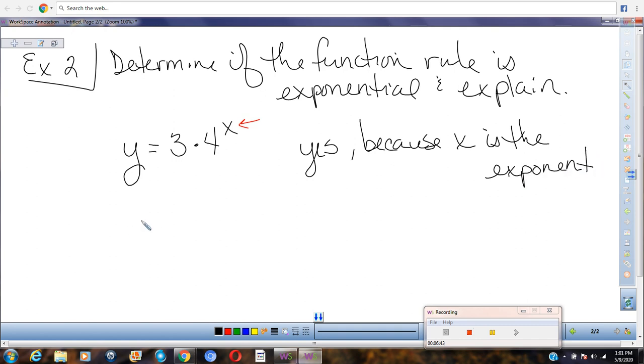How about this one? Let's say I have y equals 3 minus 4x. This would not be exponential, because the x is not in the exponent.